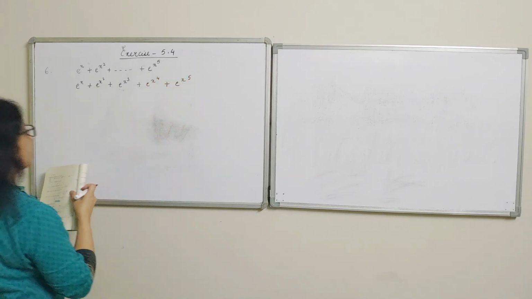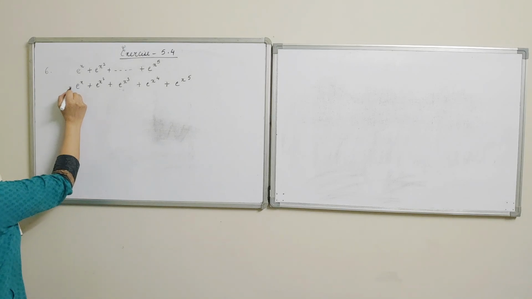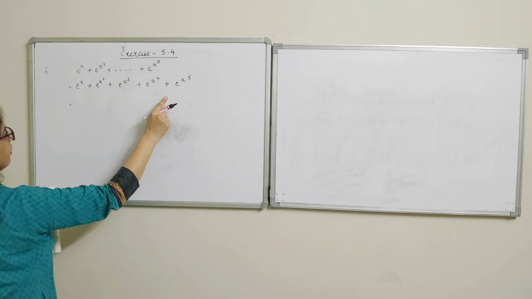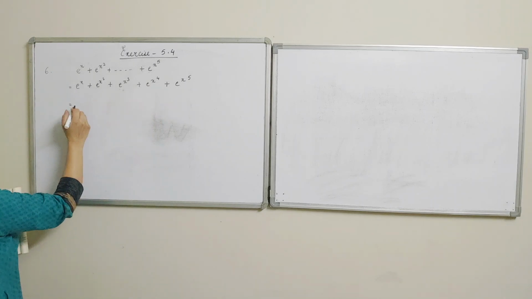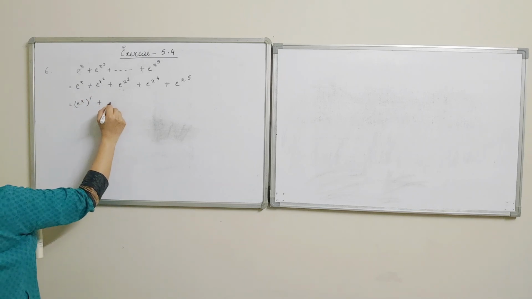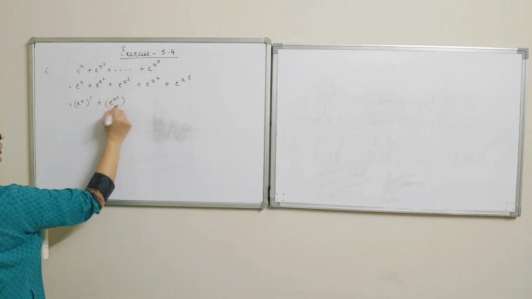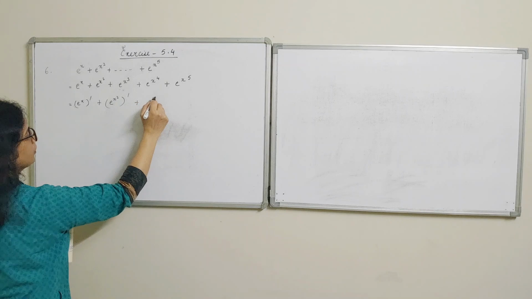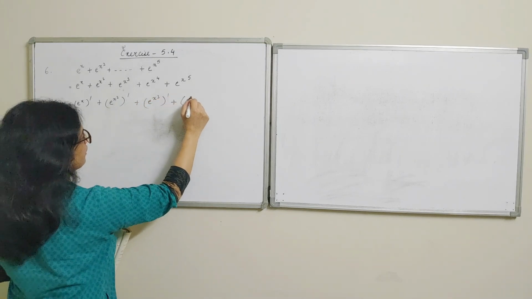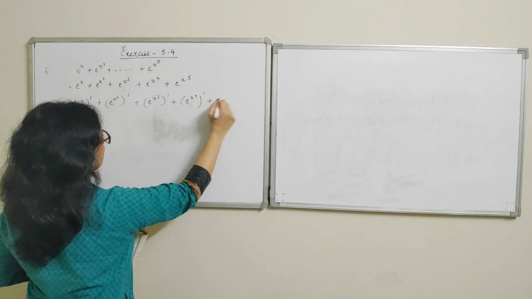It is this. Now next step, let us differentiate. So we are going to differentiate all the 5 terms one by one, differentiating the first term. So let me write down like this: derivative of first term, derivative of second term, and the derivative of the other terms.